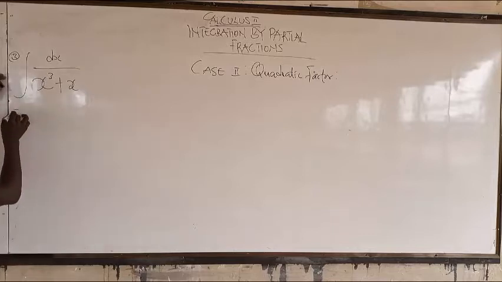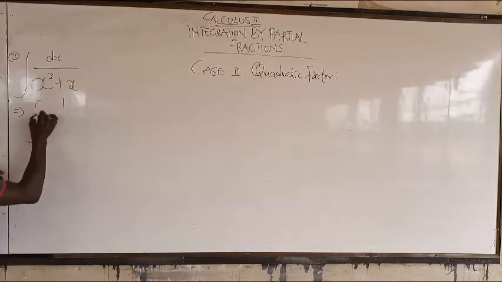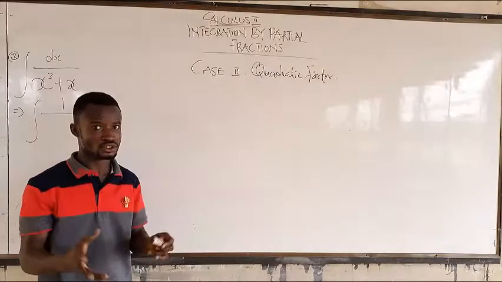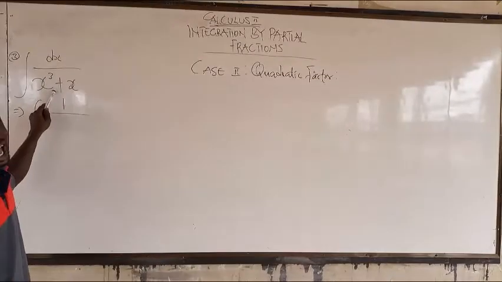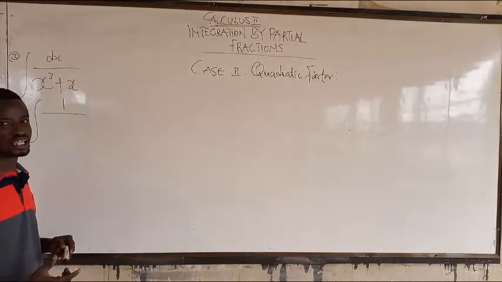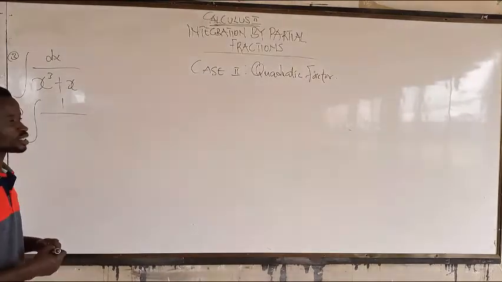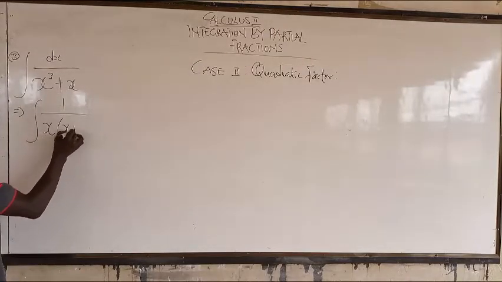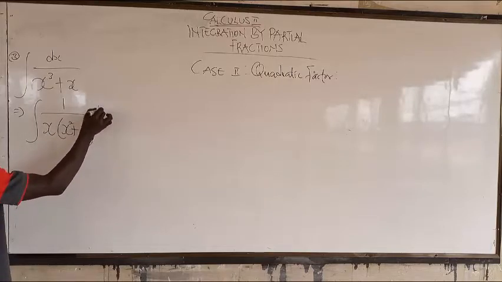Now, this is the same as integral of 1 over... To make it clear to you, try to factor out the denominator. Always we factorize the denominator. When you factorize that, you get s plus 1, s squared plus 1 ds.